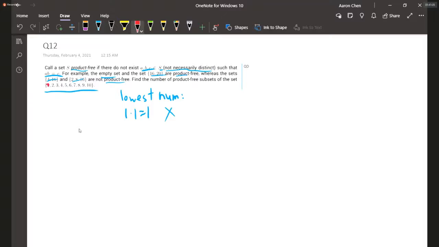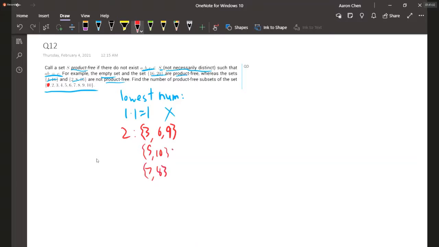So we don't have 1 in any of our cases. Our next lowest number is 2. In this case, first we can look at the set {3, 6, 9}. We can also split the rest into {5, 10} and {7, 8}.